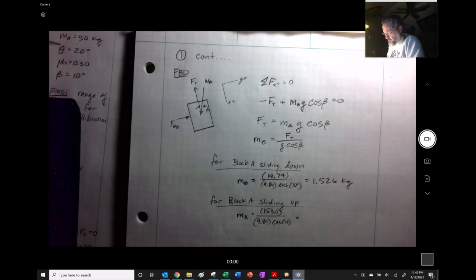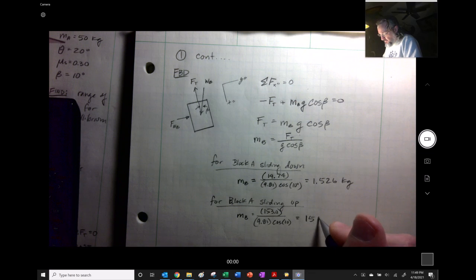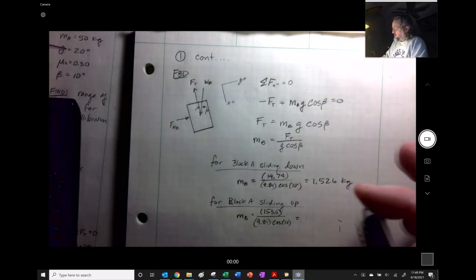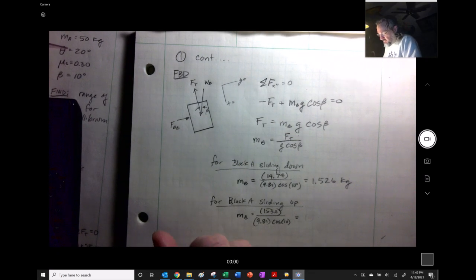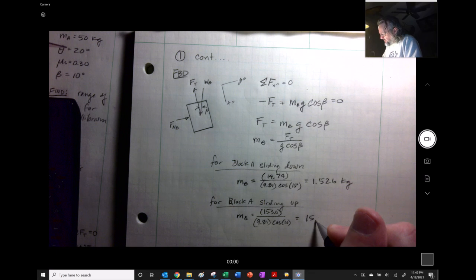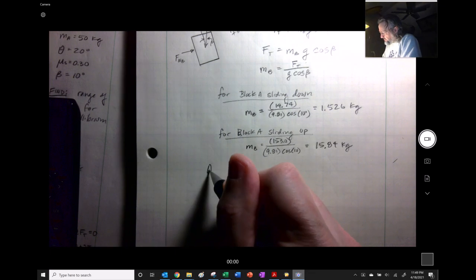So 9.81 divided, 10 cosine degrees, divided, and we get that it's got to be 150. No, 15? Is that all? All right, that's not much, right? Yeah, okay. 15.84 kilograms.